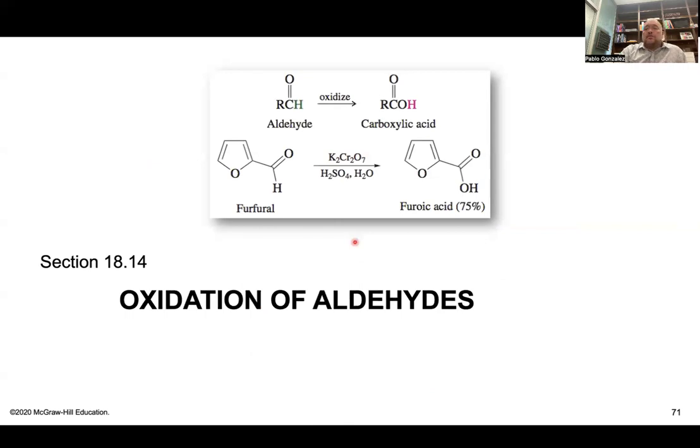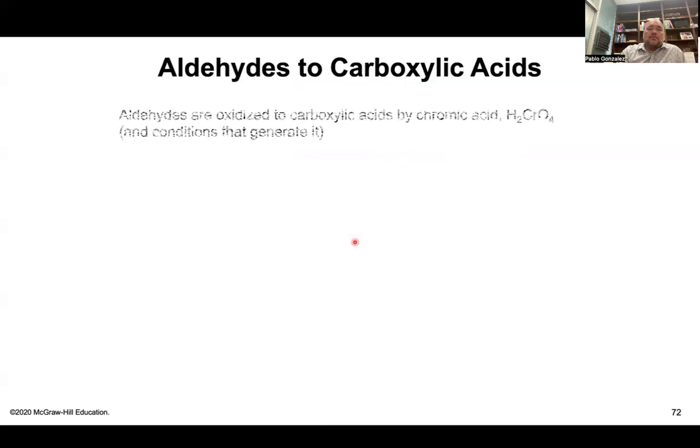Also, the aldehydes, as we mentioned at the beginning, can react under oxidative conditions to produce carboxylic acid. So, for example, aldehydes are oxidized to carboxylic acid by chromic acid, H2CrO4. Aldehydes come from primary alcohols, remember?